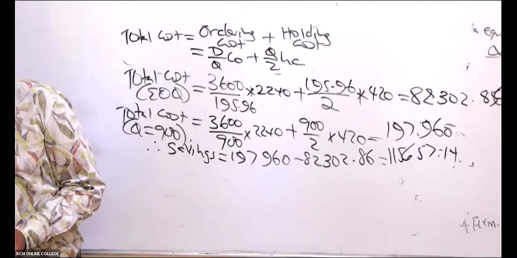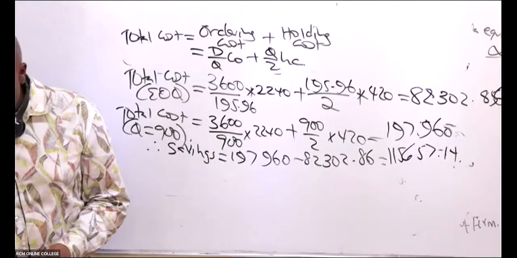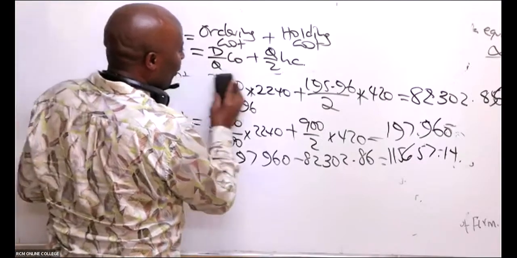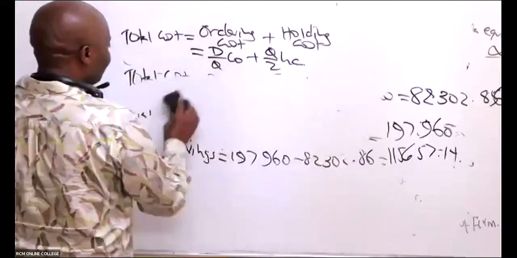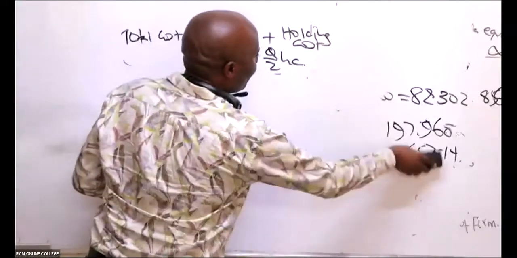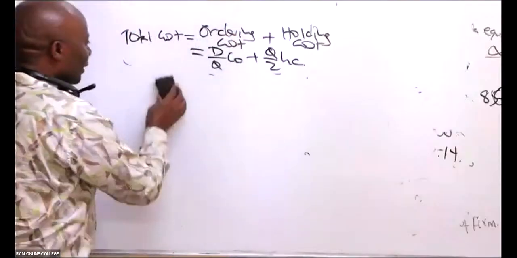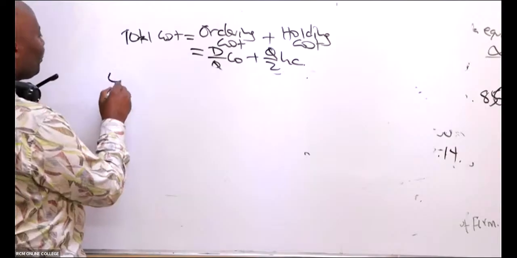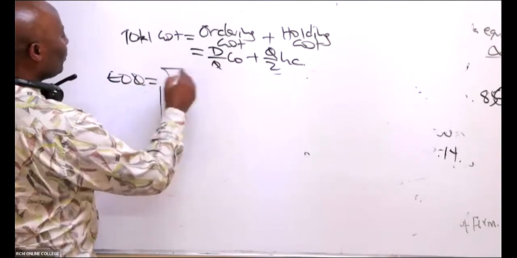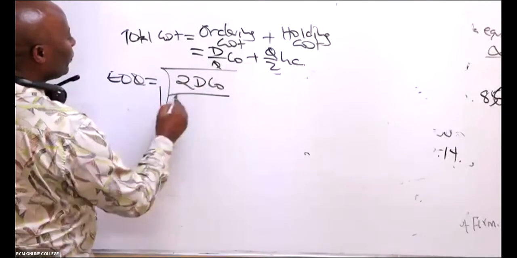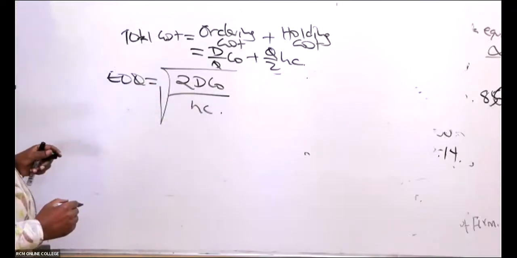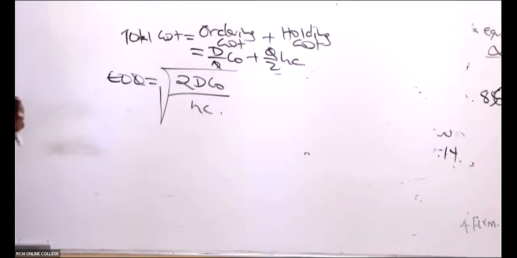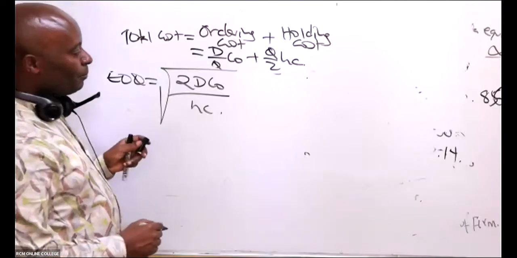How to calculate EOQ. You have done it, but let me repeat. I know the online students always have issues with internet. So how do we get our EOQ? That is the formula: square root of twice annual demand times cost per order over holding cost.